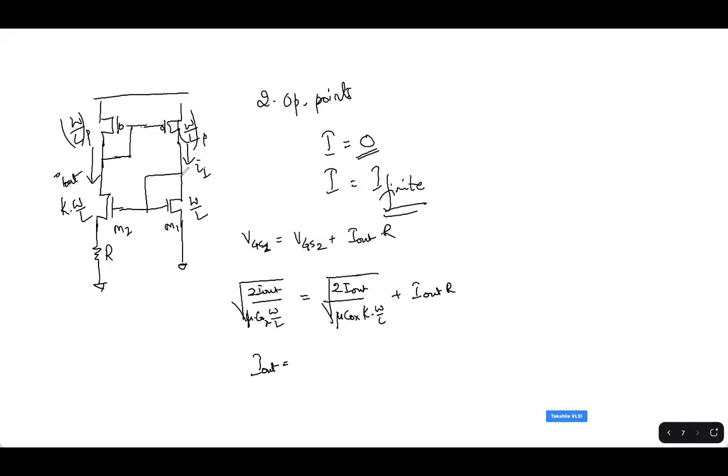Note that both currents are I out only. It's a current mirror. Both currents are the same, just that I have changed the size of this transistor along with the resistor addition at the bottom and the source.